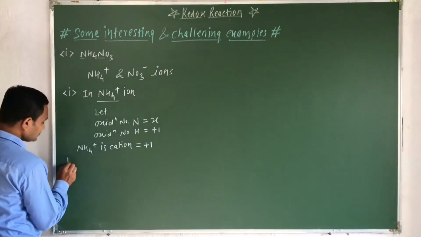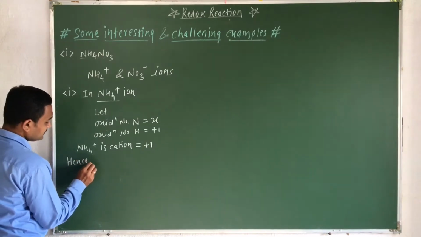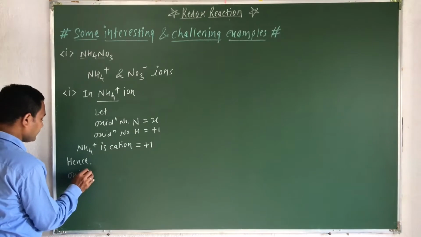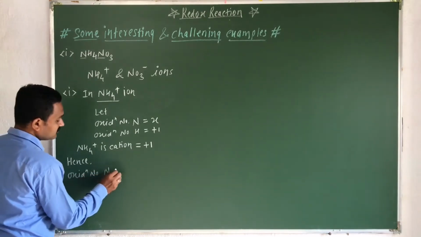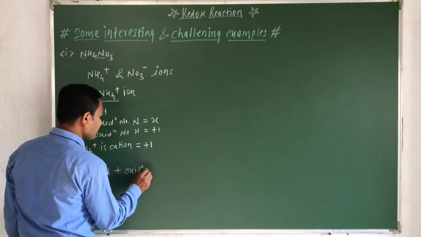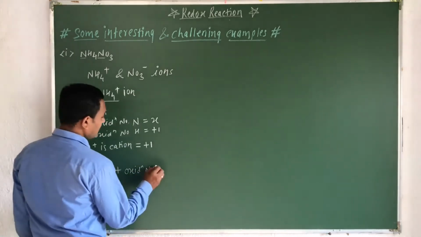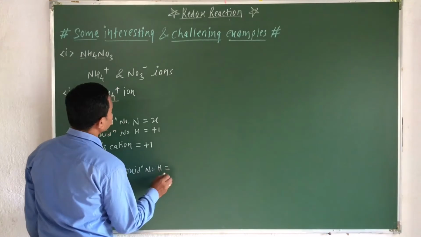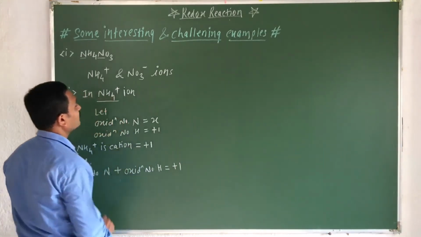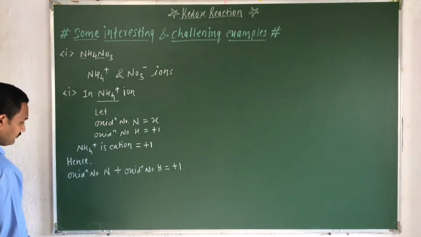Hence we can write the oxidation number of nitrogen plus the oxidation number of hydrogen equals plus 1, that is nothing but the charge on the ion.